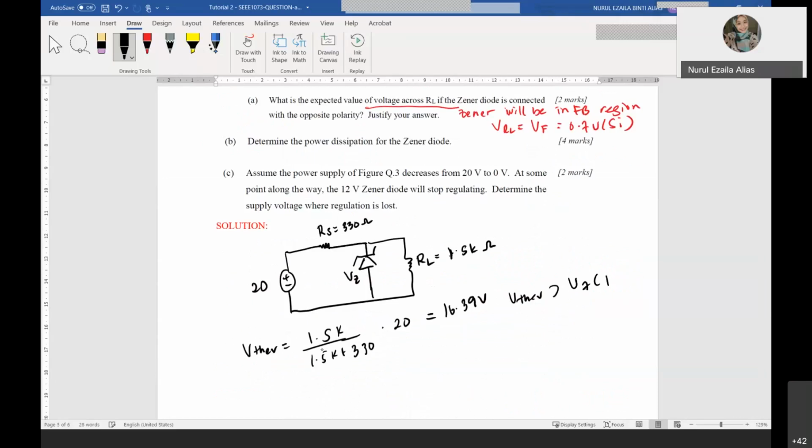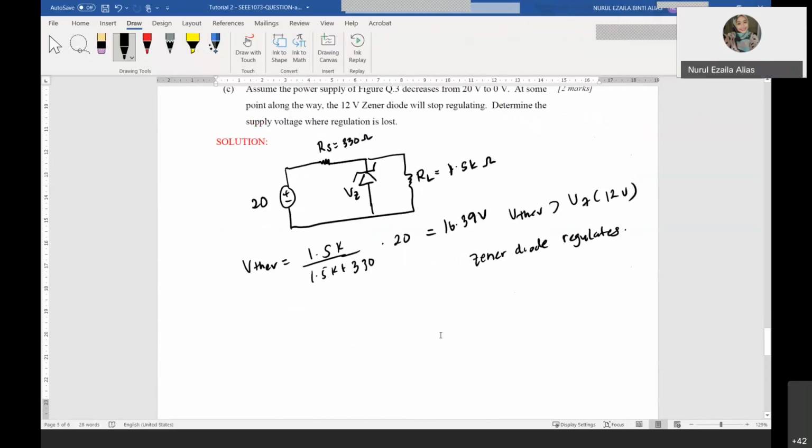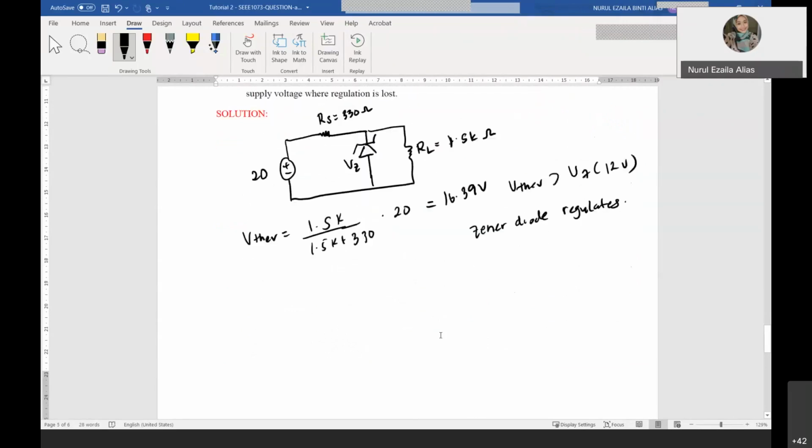Does it regulate or not? It regulates. Therefore, what will be the voltage across the Zener diode? You take the value of 12 volt.